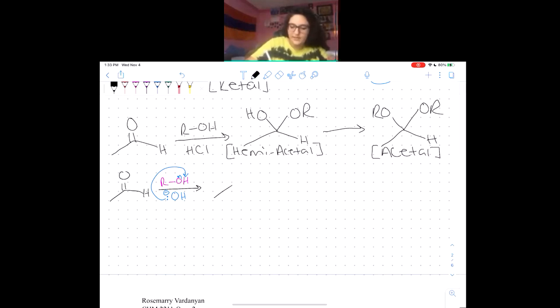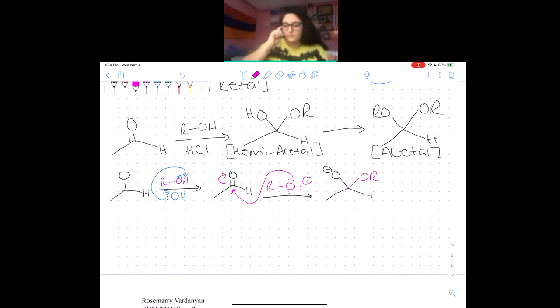So we would get the alkoxide ion. And now the alkoxide will go and bam, attack, kick those electrons up. So we get O minus, and we add our OR group.